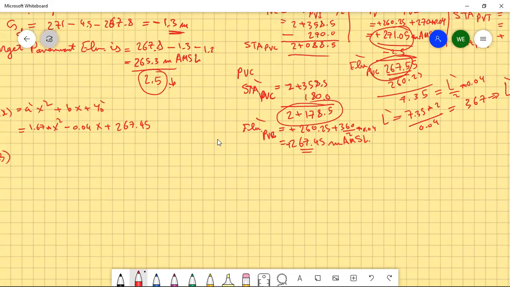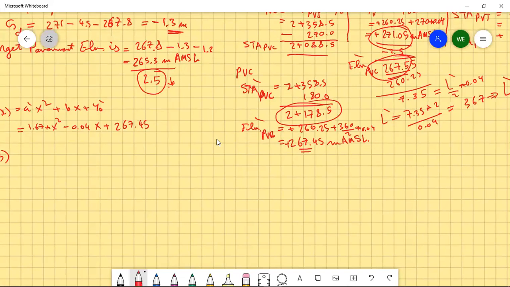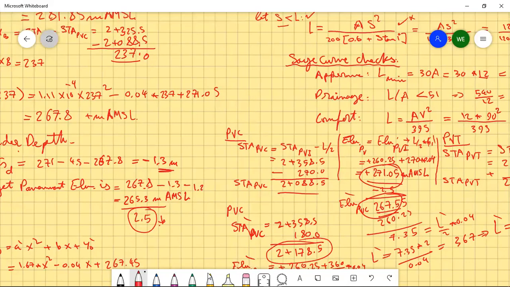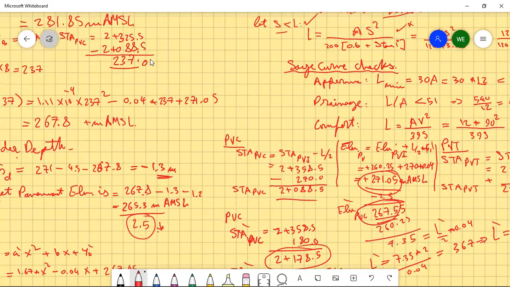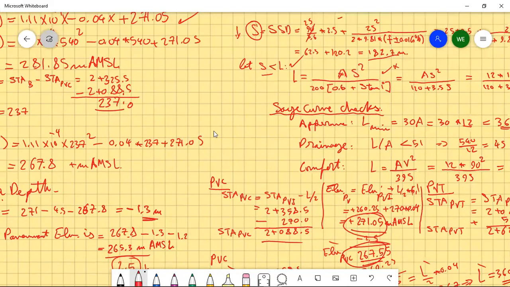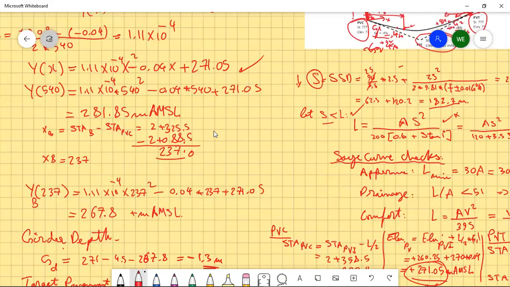So x dash of the bridge, okay, let's calculate it from here. That's the station of the bridge, 2 plus 3 to 5.5 minus the new station for the BVC.